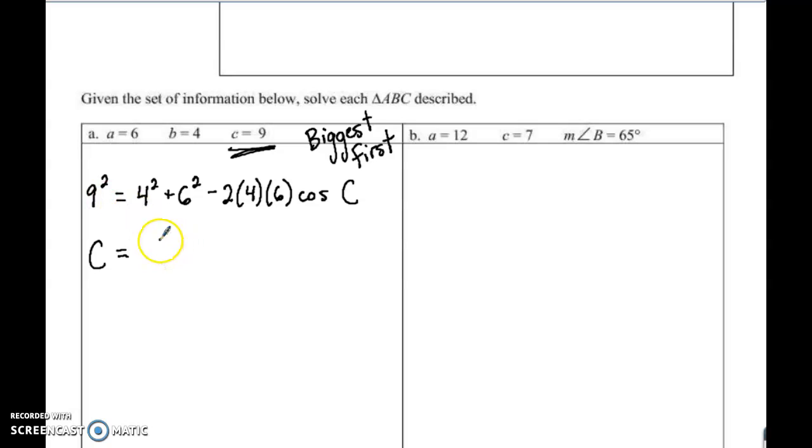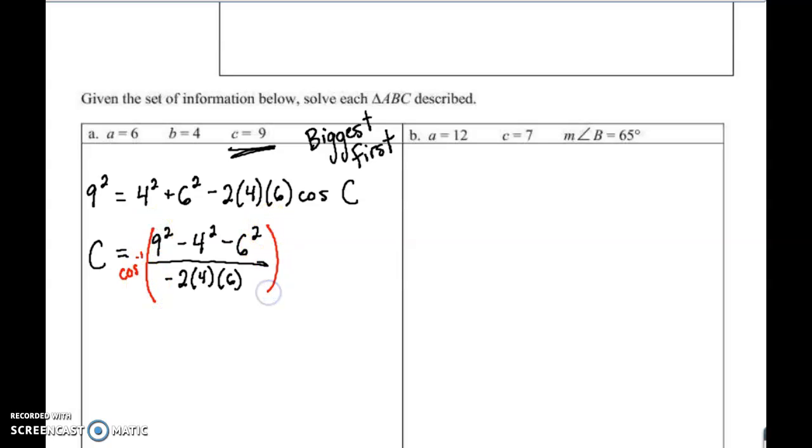Because what they do is they think about, oh, well, I can solve this by subtracting 4 squared over, subtracting 6 squared over, and then dividing by negative 2 times 4 times 6. And I forgot to do one more thing. Let me really highlight it for you. If you're ever answering an angle, you have to do the inverse trig function.